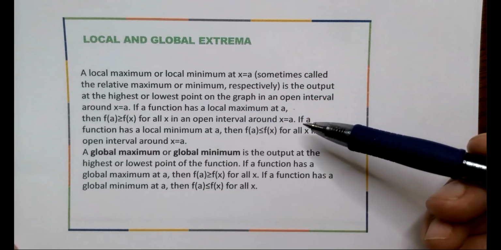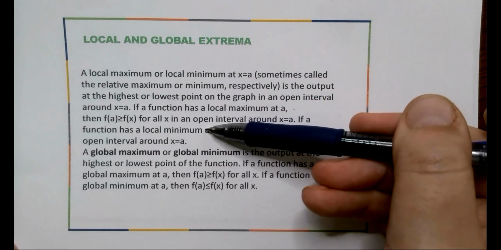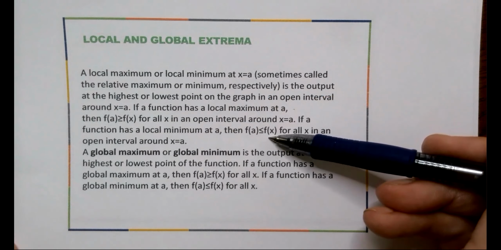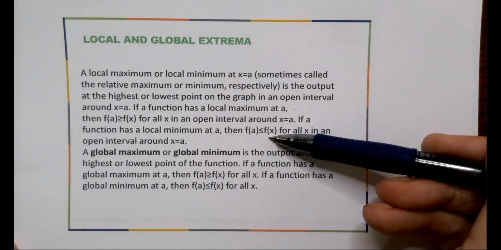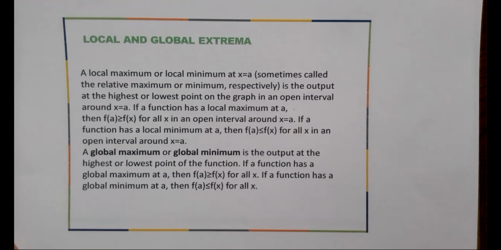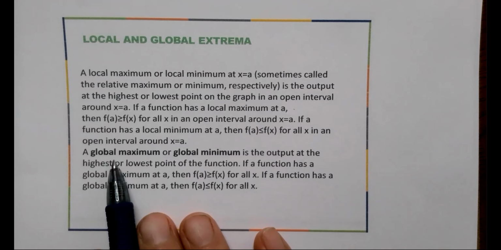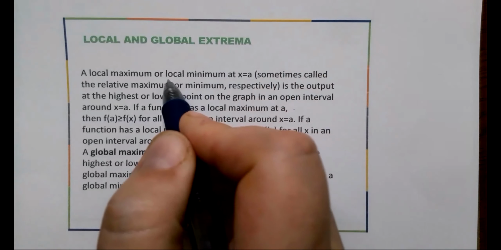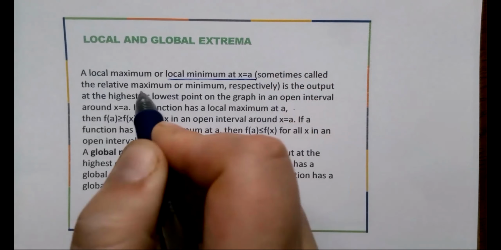Okay, and same thing if it's a minimum at x equals a, then every output value around that point is higher than the output at a. It's common sense. It's a formal definition of extrema, and so functions will have global maximums and global minimums as opposed to local minimums and maximums.